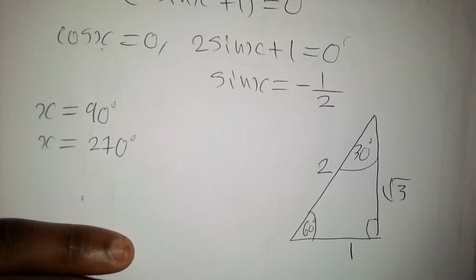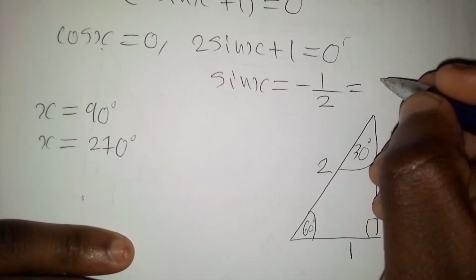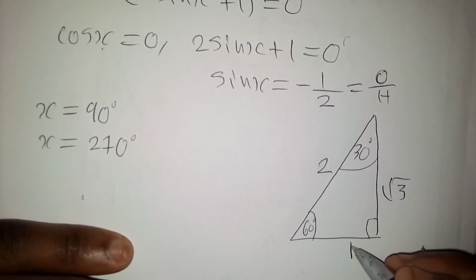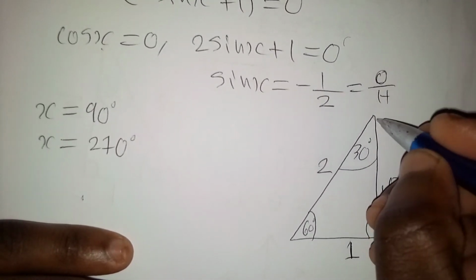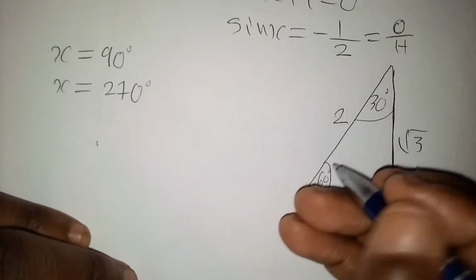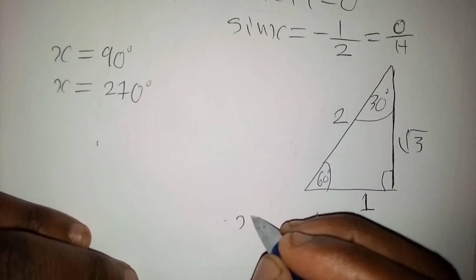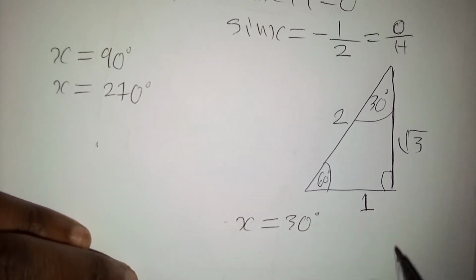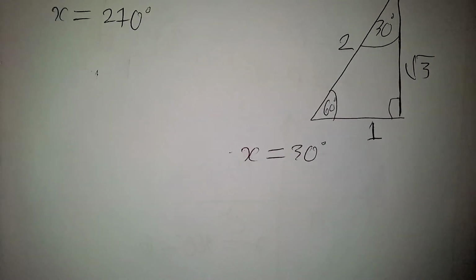Which one is the possible angle? Sine is given as opposite over hypotenuse. Our opposite is 1, so this is our opposite. It means our adjacent is that. That means the angle is 30 degrees. So we have x equal to 30 degrees.